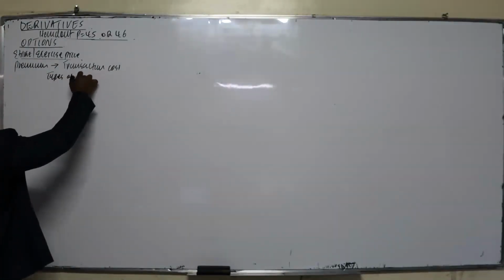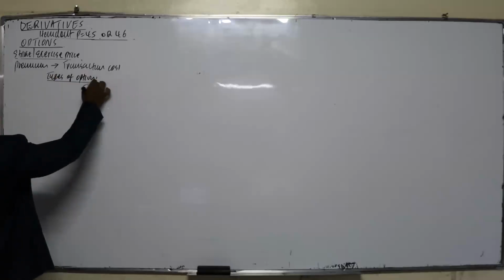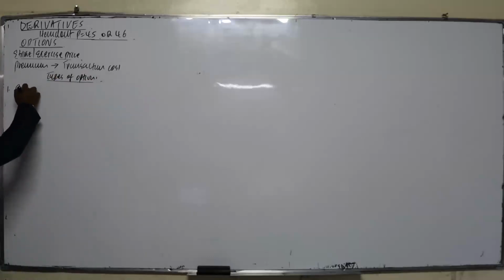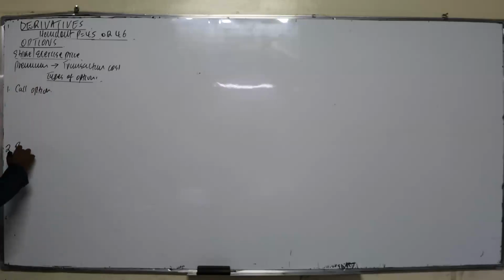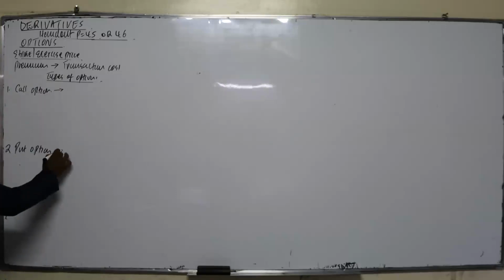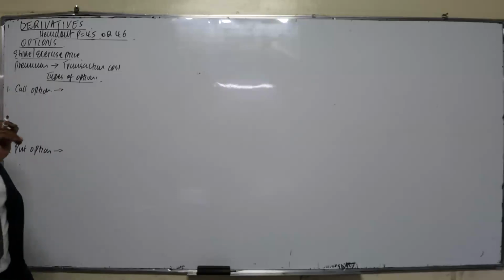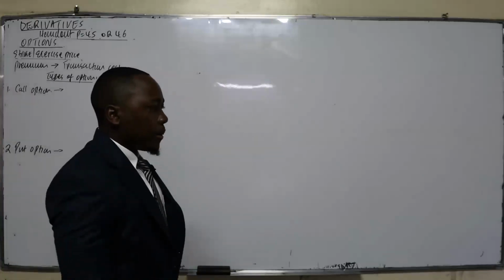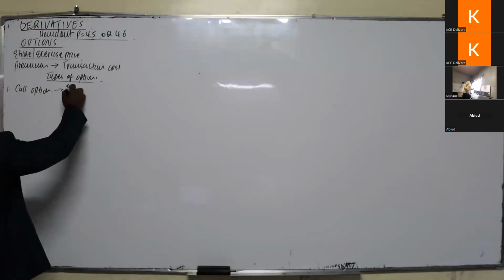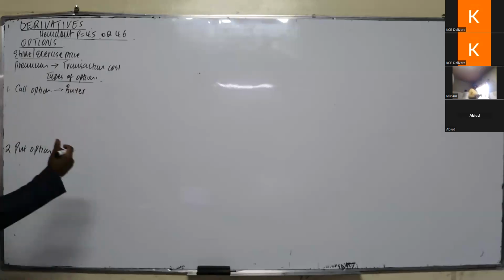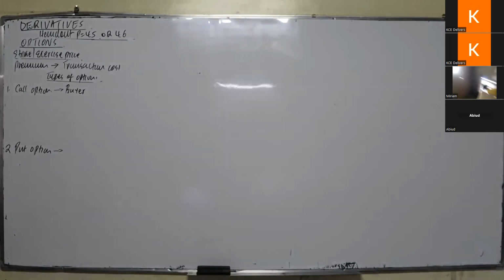So we look at the types of options. We have two types of options. Number one, we have the call option, and number two, we have the put option. Now, what's the difference? Call option, when we are calling, that means you are calling the customer. It gives the buyer the right but not the obligation to buy securities at a specified price at a specified period of time.